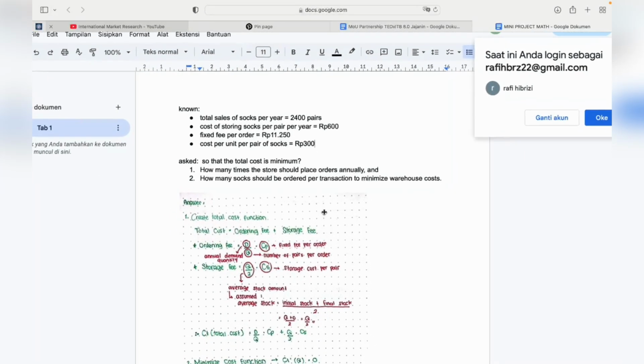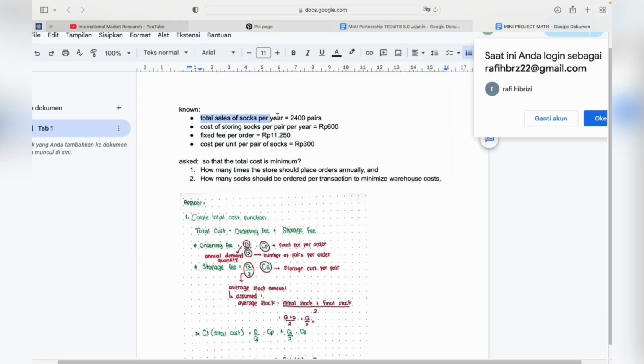What is known here: the first one is the total sales of socks per year, which is 2,400 pairs. The next is the cost of storing socks per pair per year, which is 600 rupiah. Then the fixed fee for each order is 11,250 rupiah, and the cost per pair of socks is 300 rupiah.